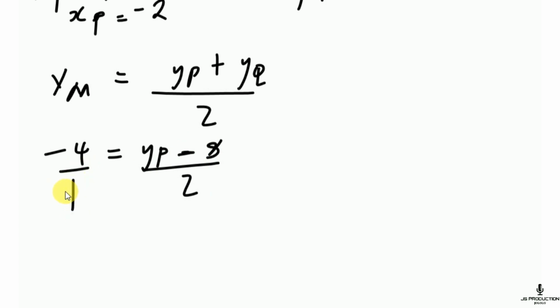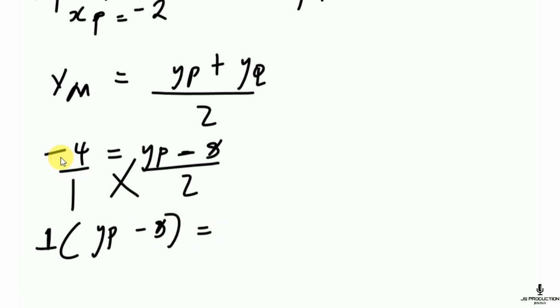Then we can cross multiply. We're going to have 1 open bracket yp minus 8 is equal to negative 4 multiplied by 2, which is negative 8. To open up the brackets, we multiply 1 with everything inside.